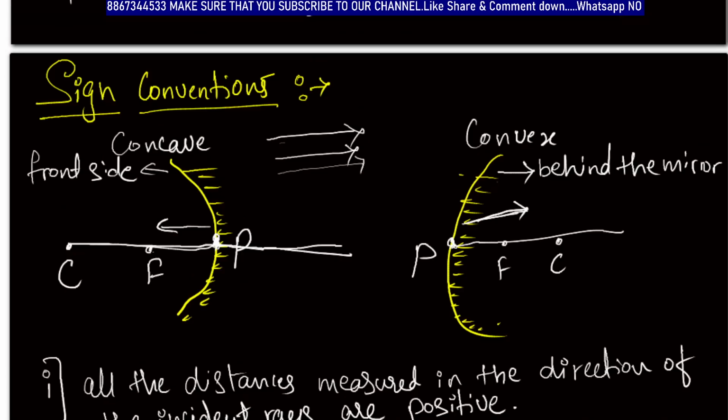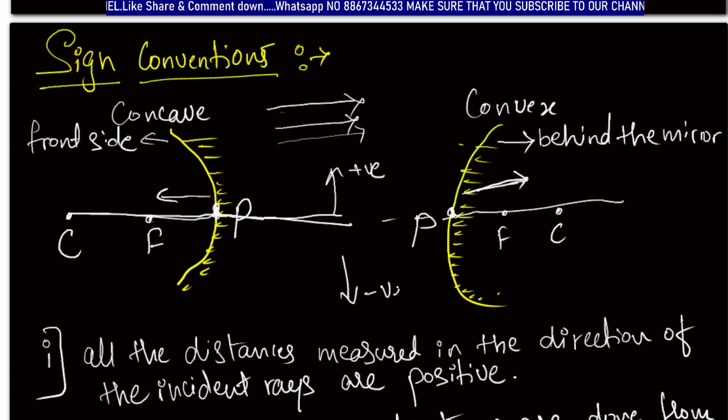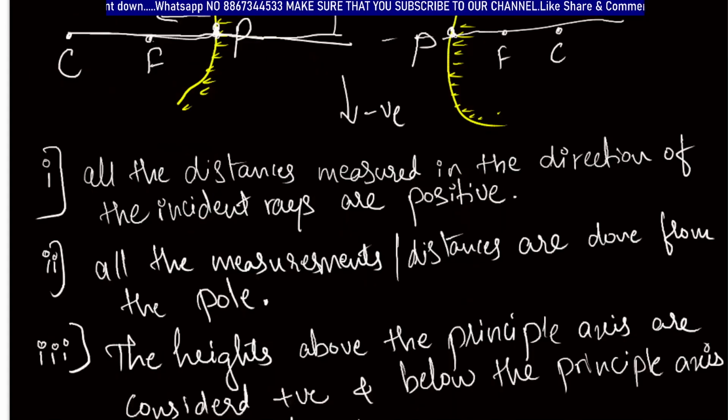What does this mean? This is the principal axis. Above this is considered positive, and below this is considered negative. So these are the three rules that you should know for the sign conventions.